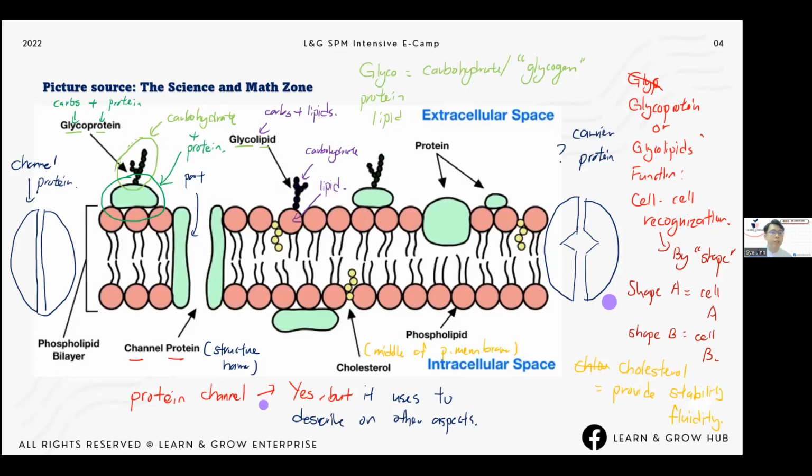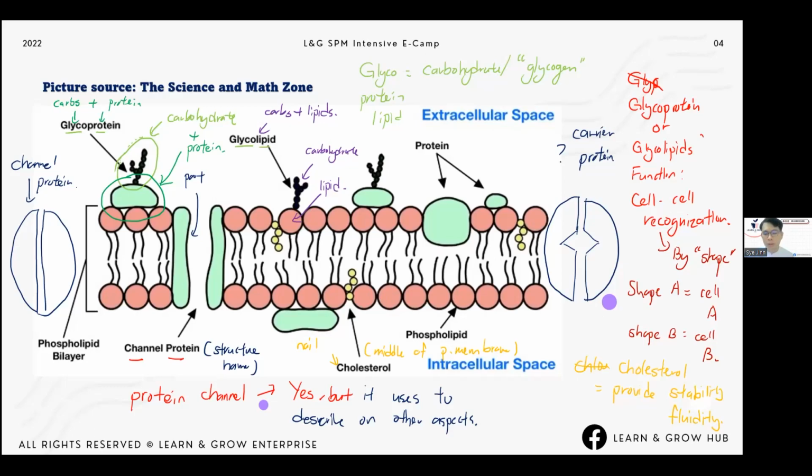You all can imagine, cholesterol is like the nail in the plasma membrane. The two layers of the phospholipid bilayer are like two pieces of wooden board sliding against each other very vigorously. So the cholesterol actually controls the fluidity.